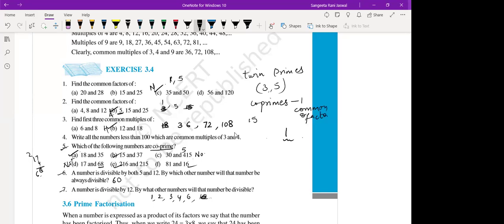Suppose I take the example 15 and 37. There is no common factor between these two numbers. Only one is the common factor, right? So these types of numbers are co-prime numbers. Every consecutive number you can say is co-prime, 3 and 4, right?